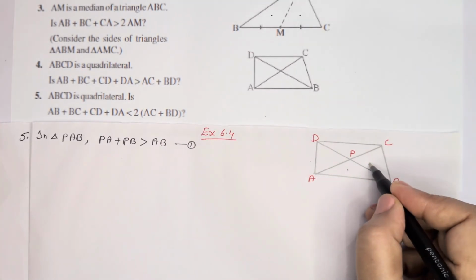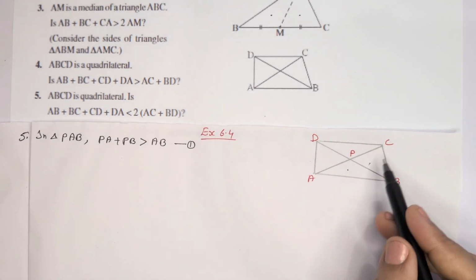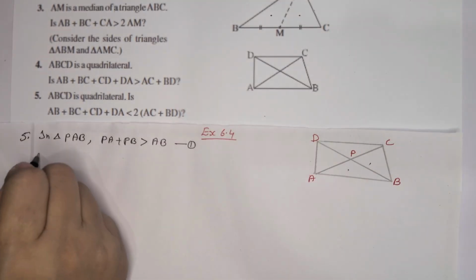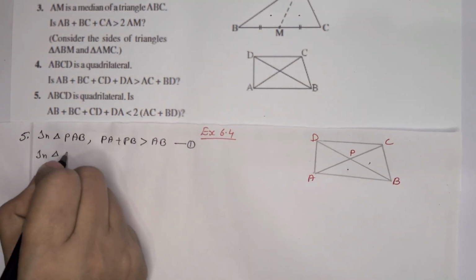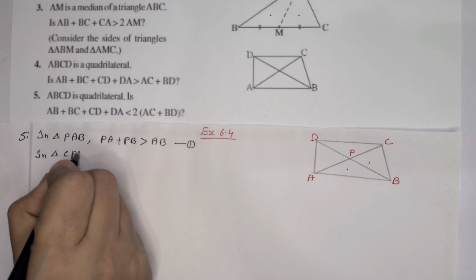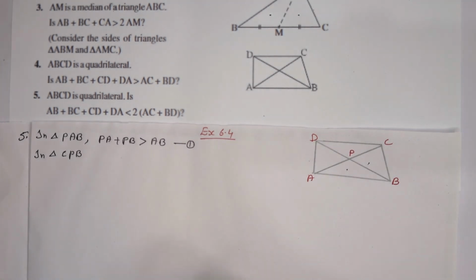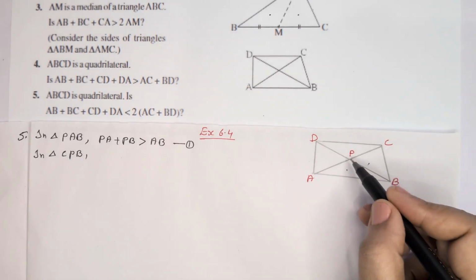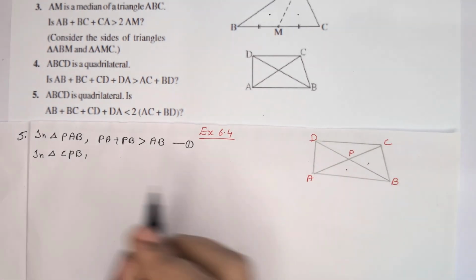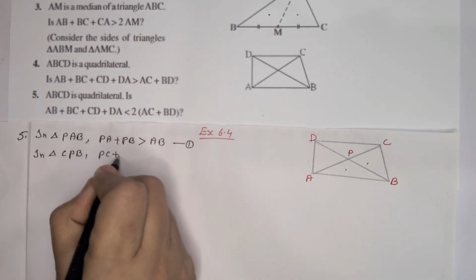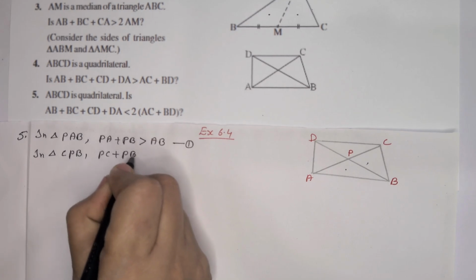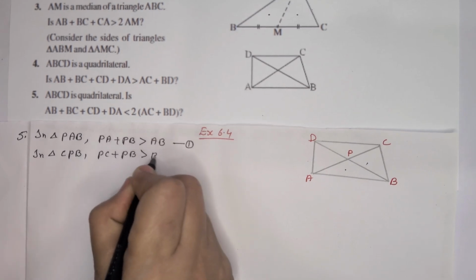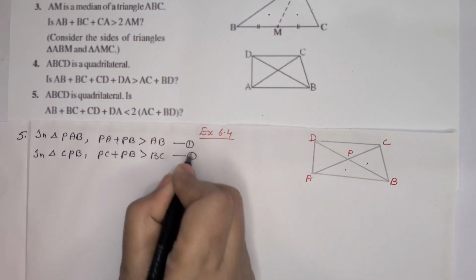Now consider this triangle CPB. In triangle CPB, we can see PC plus PB is greater than BC. That is equation number 2.